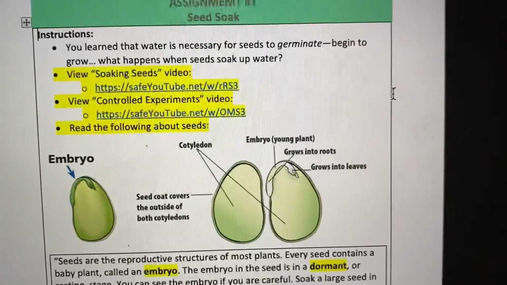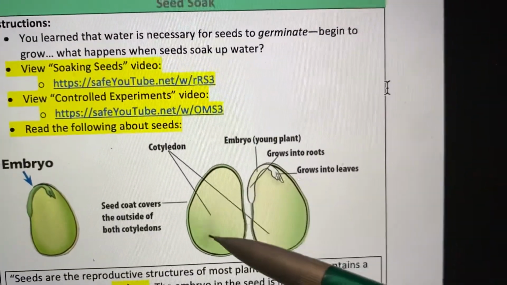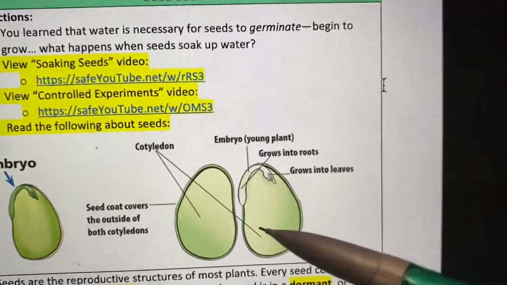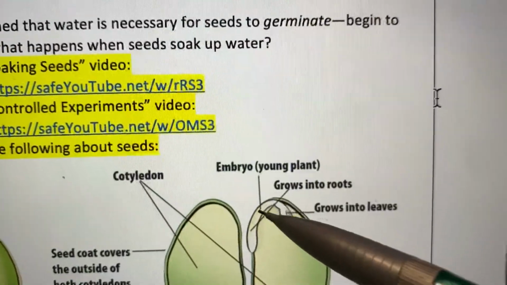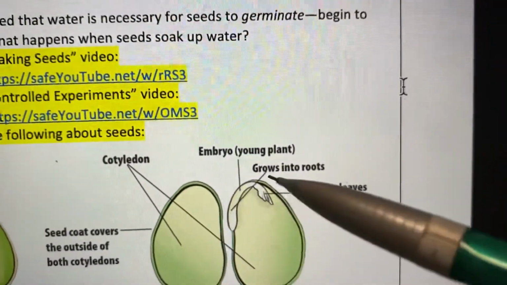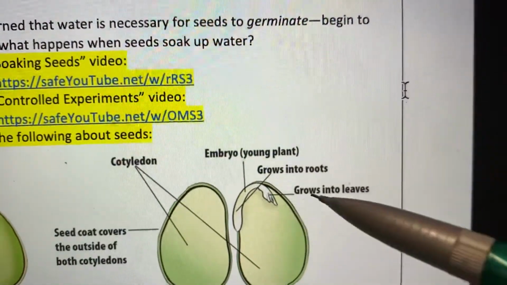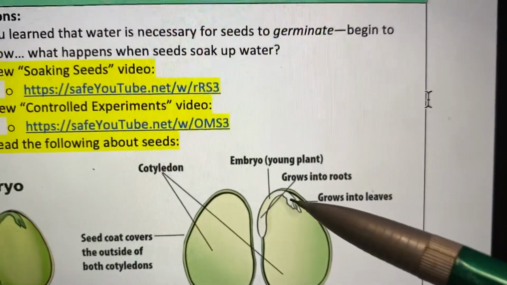That's what the word was called, cotyledon. The cotyledon is this whole green part on top. And this part here is our embryo, the young plant. It's like a baby plant, and this is what helps grow the roots. And this part right here is what becomes the leaf in the plant.